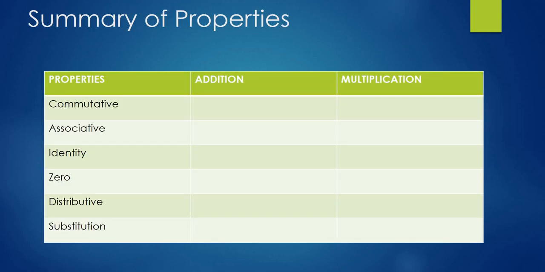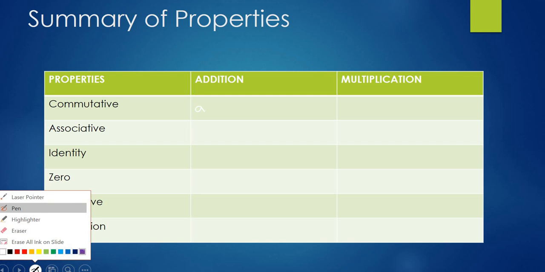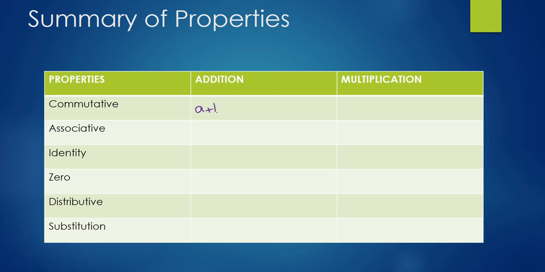Let's take a look at all the properties we've looked at up to this point, or most of them anyway. The commutative property, the one we just looked at, for addition: A plus B is the same as B plus A. For multiplication, A times B equals B times A. The associative property: A plus B then add C is the same as A plus B plus C first in parentheses.